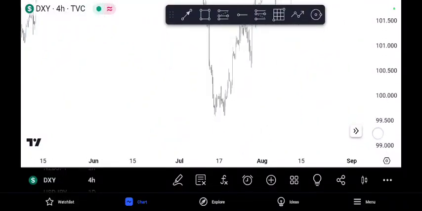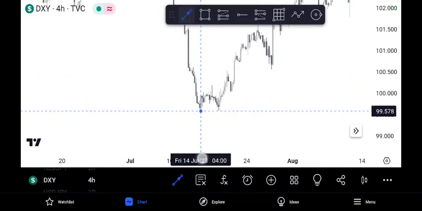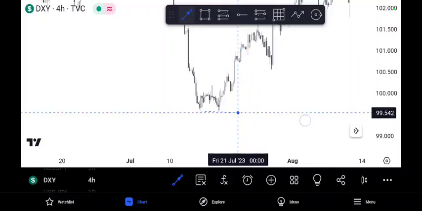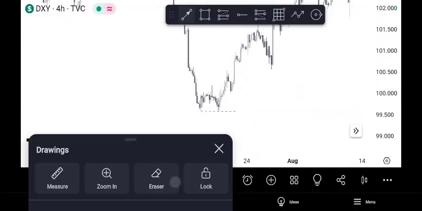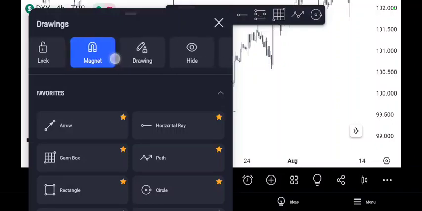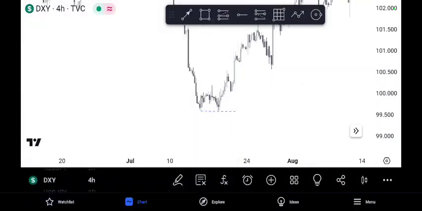This is it, what I showed you. Price failed to break, you see it. Instead, hold on, give me a few minutes. Disable magnets.